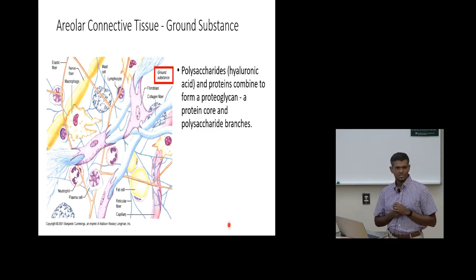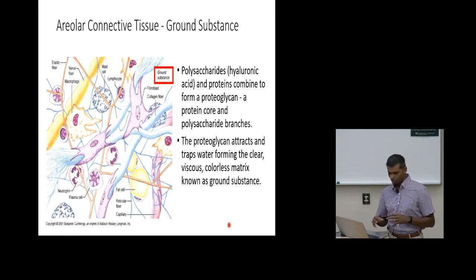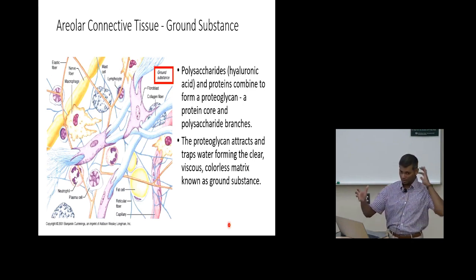So the ground substance is made up of polysaccharides interacting with proteins, and the polysaccharides have a negative charge which will cause them to interact with water and draw the water in, and thereby making this viscous substance known as the ground substance. And this ground substance is very inflexible, and it is capable of occupying a large volume.